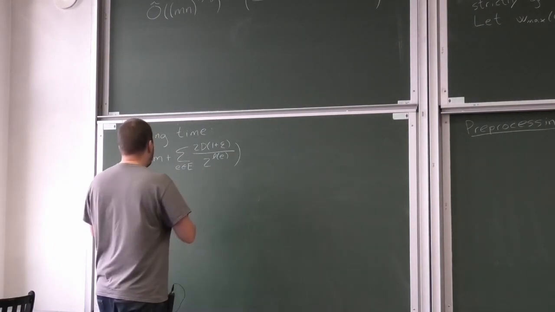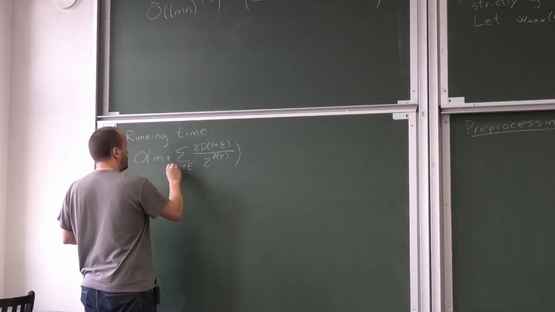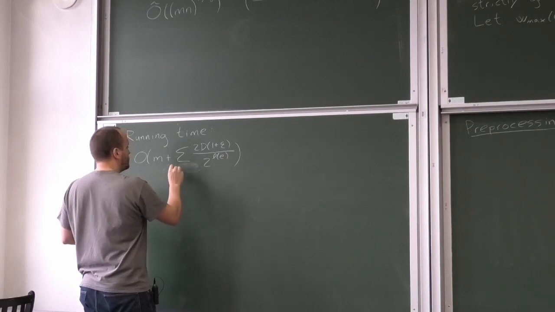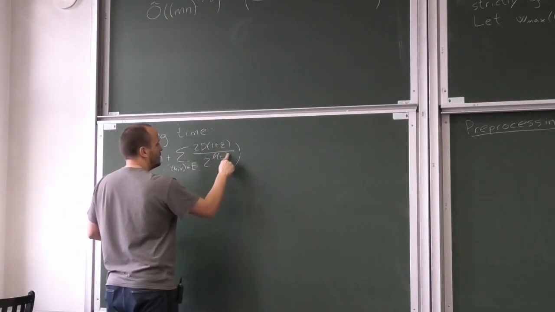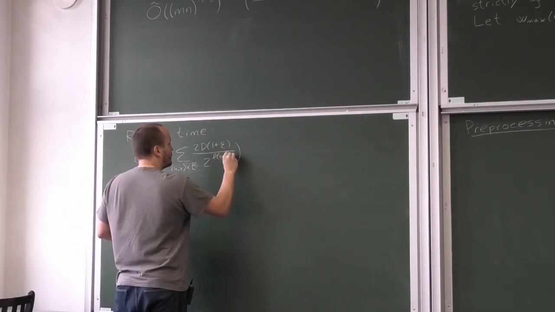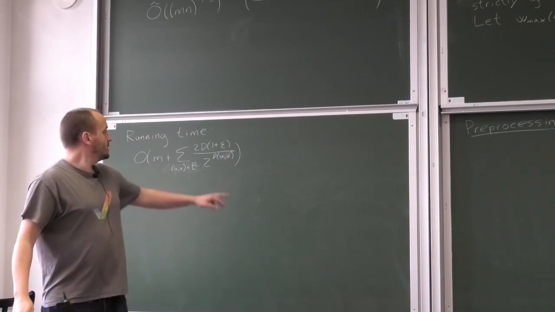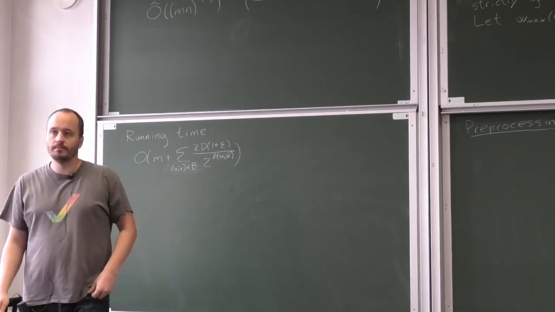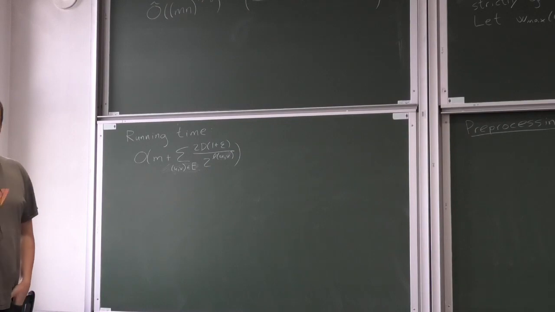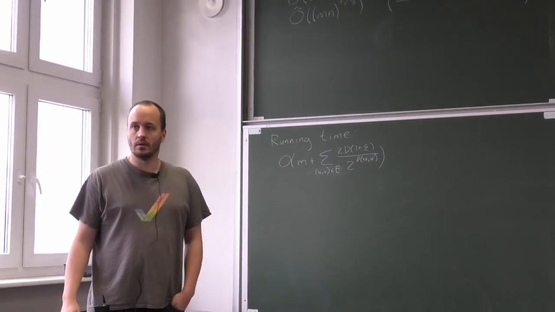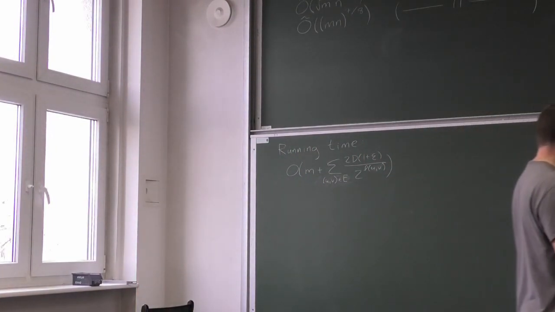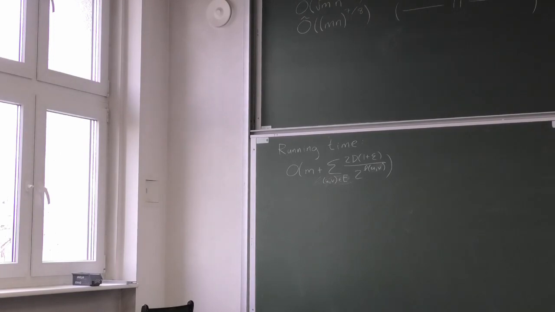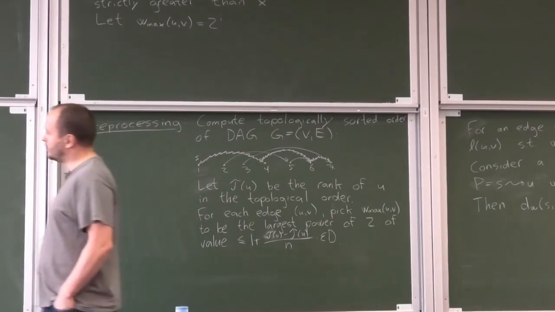Let me write it as u comma v, because it will be easier to see. So we sum over all edges u comma v in E, and then I have the level of the edge u comma v here. What is this 2 to the level of u comma v equal to? Do we have something that we can replace? That was W max, right?